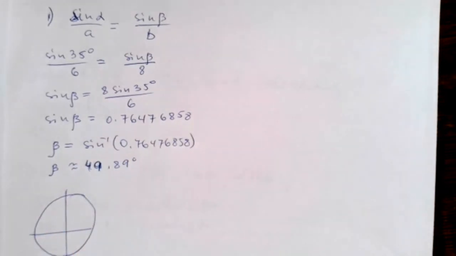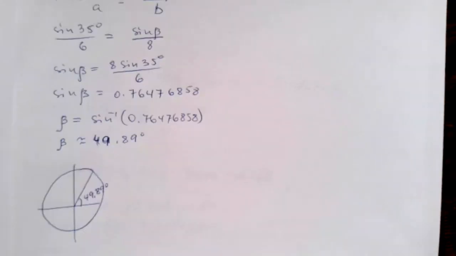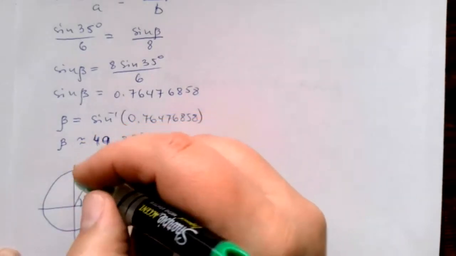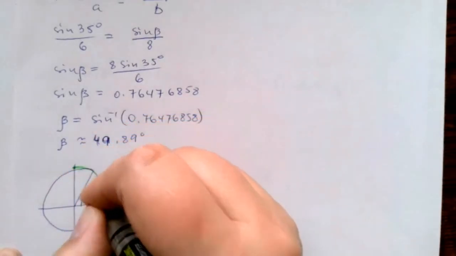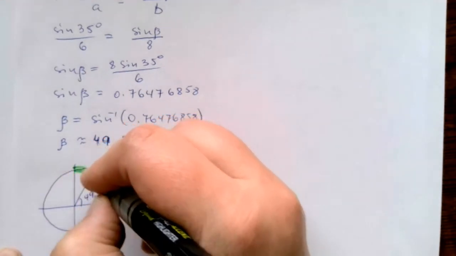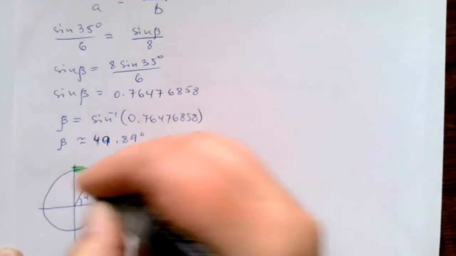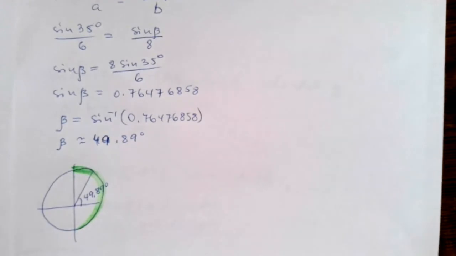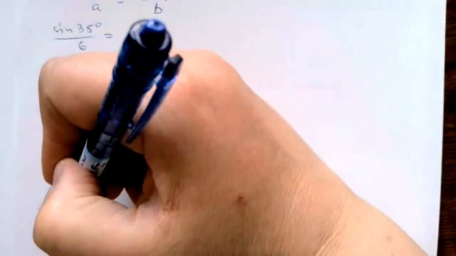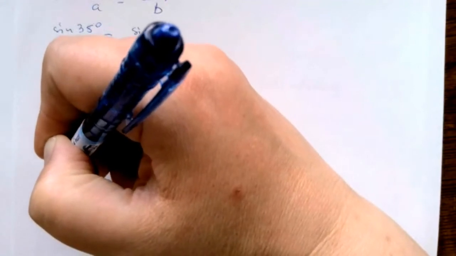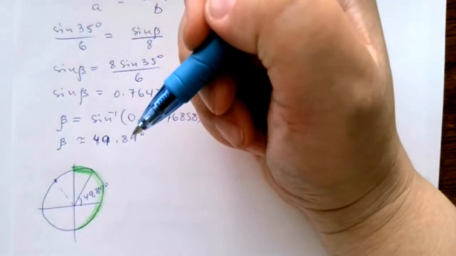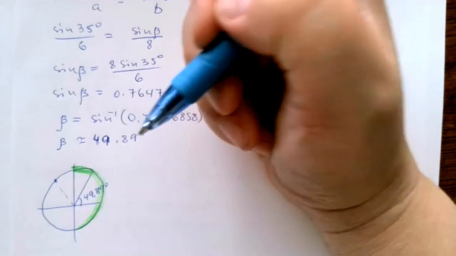So remember that the arc sine function only gives you the angles in the first and the fourth quadrant right here. But what about the angle symmetrical to it, like maybe here? It's also an option. Let's figure it out.